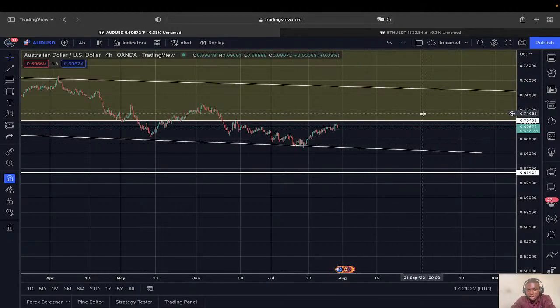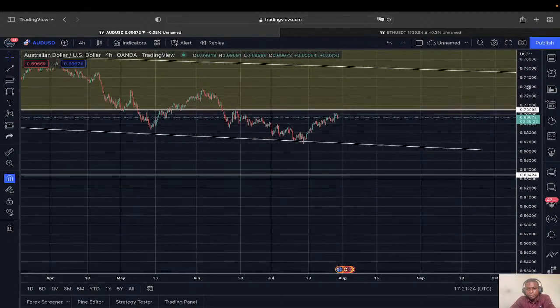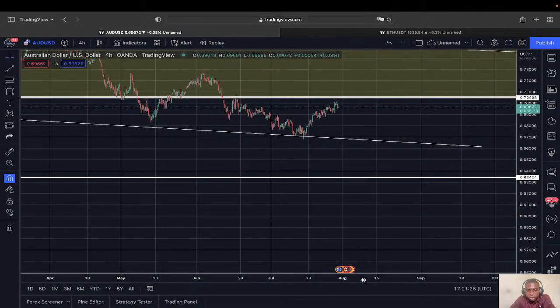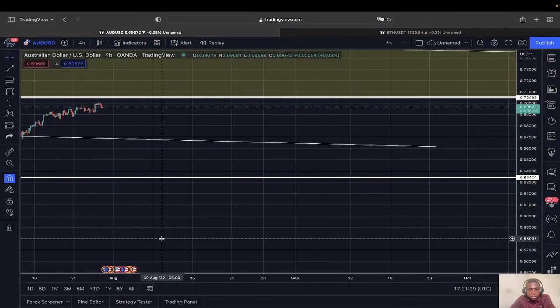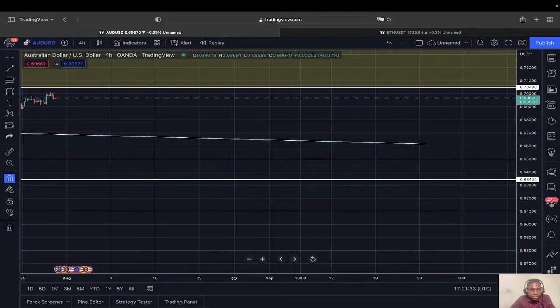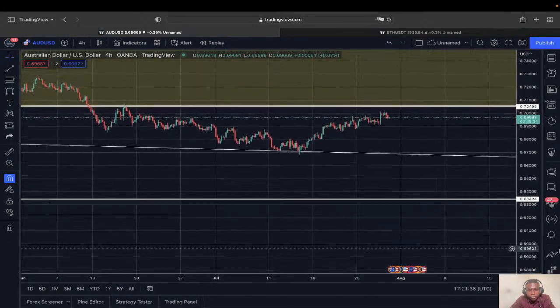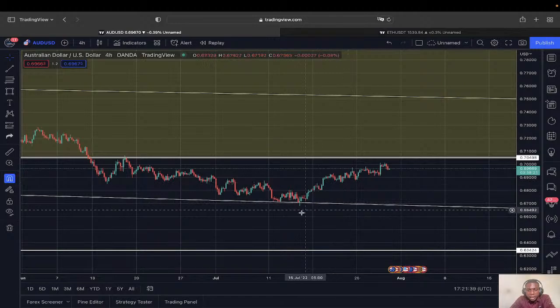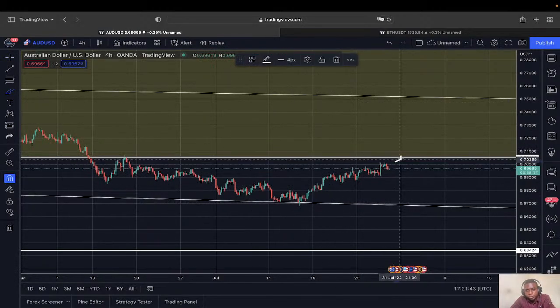But there are two things that can happen here, which I'll be sharing with us. We can watch out for it. Either price breaks through this region and continues the uptrend, or price comes to touch this region.